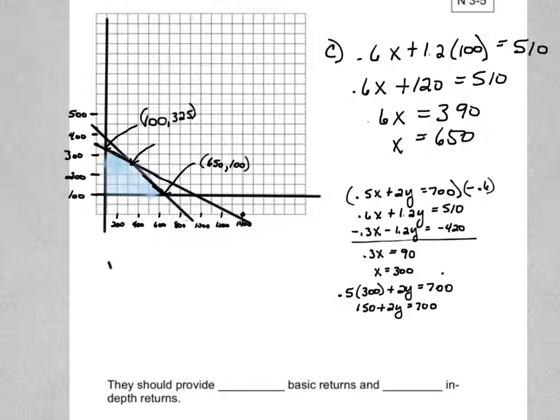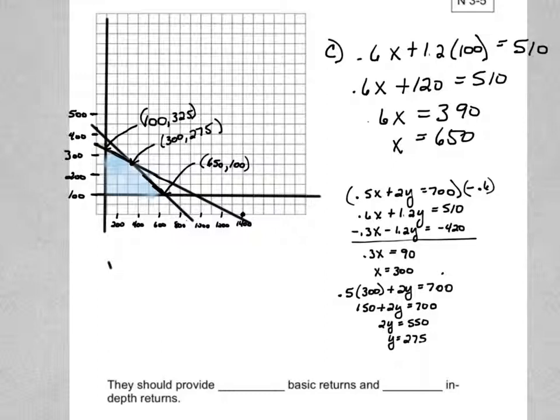So subtract 150 across. 2y is equal to 550. So y is equal to 275. So some of those yesterday were pretty easy to read on the graph. These not so much. So this middle point is 300 and 275.